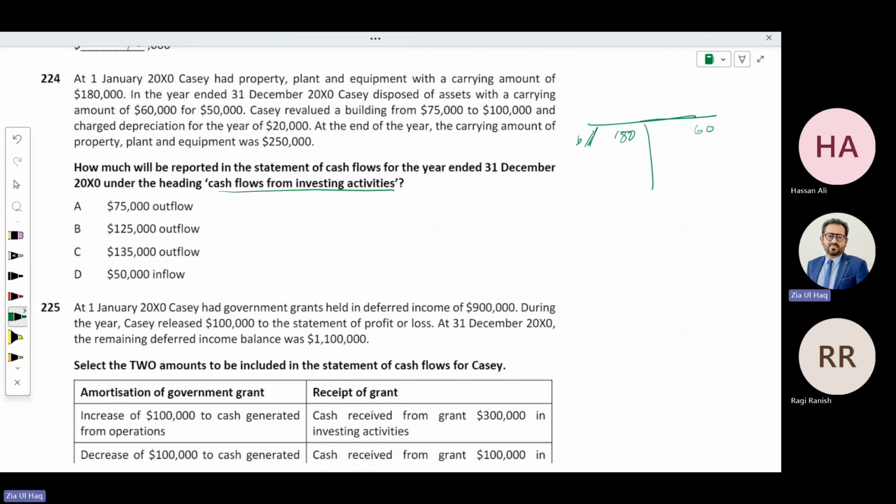Revalue building from 75 to 100, meaning there is 25 revaluation surplus. Depreciation charge is 20. At the end, they have 250 balance. So we can find the addition. What is that? 125.